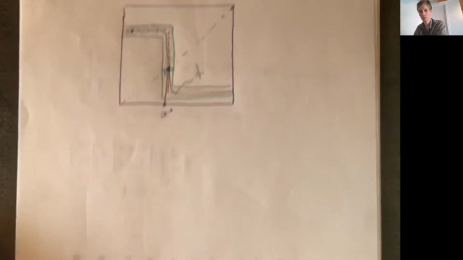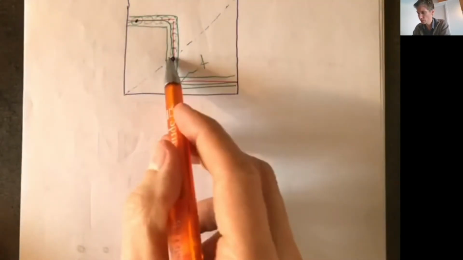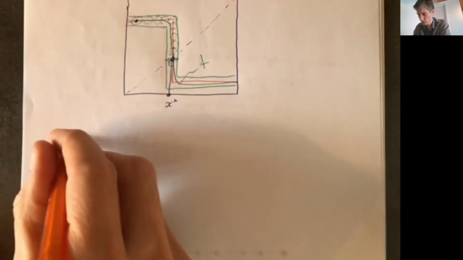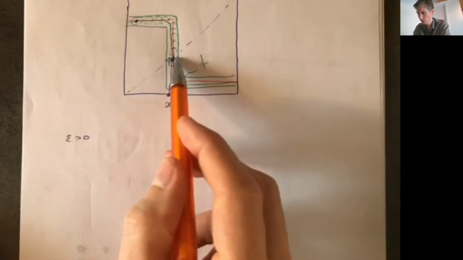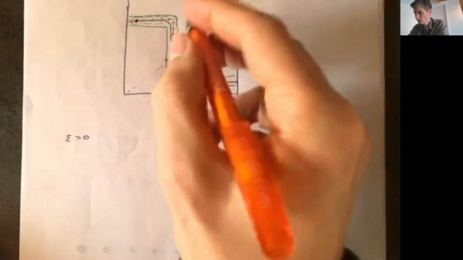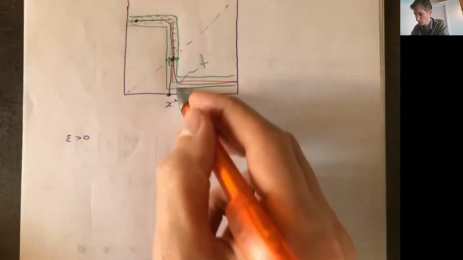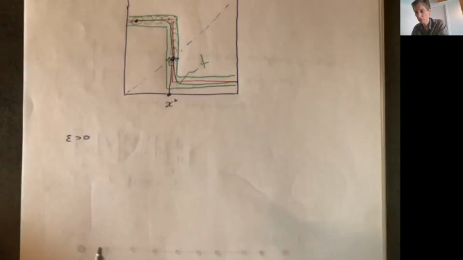Okay, so let's take a jump into the more formal part of the proof. First, for some epsilon, we're going to define this blown-up correspondence. This red thing here is the graph of the correspondence G, right? The red correspondence.